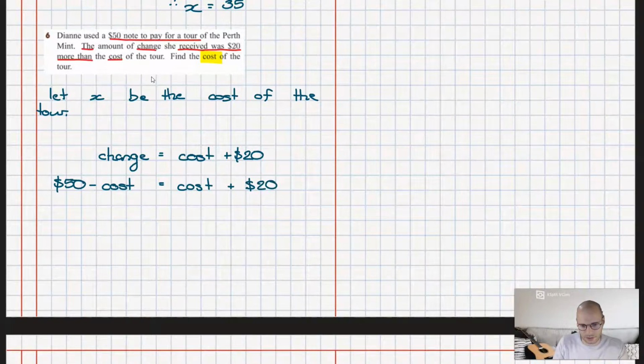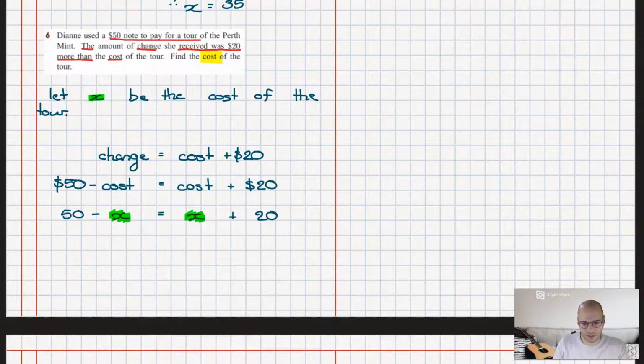Now, converting this directly into a mathematical model, we can go 50 take X, equals X plus 20. We'll drop the dollar sign for now.